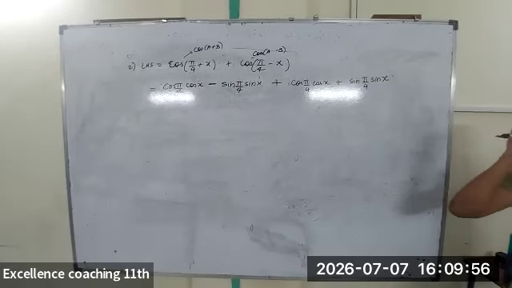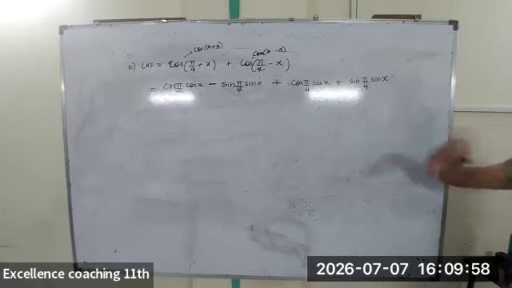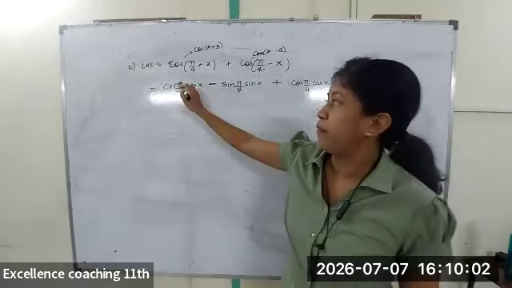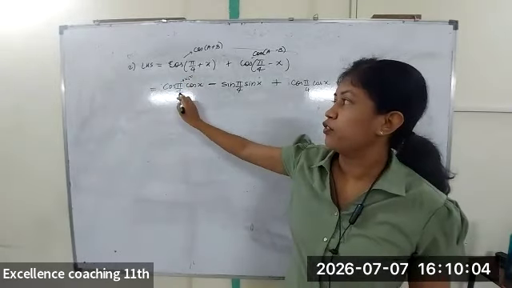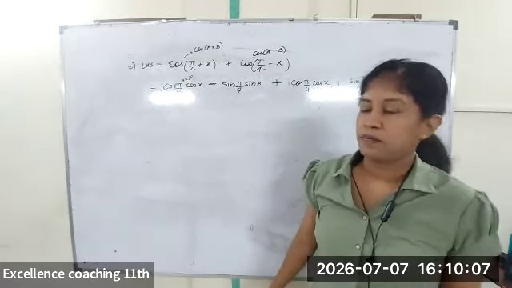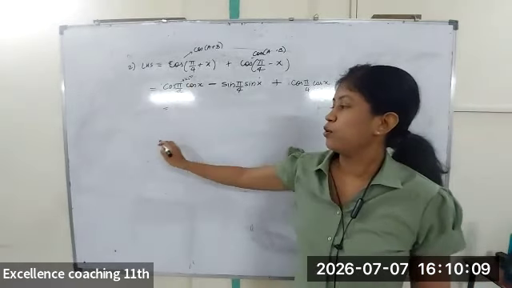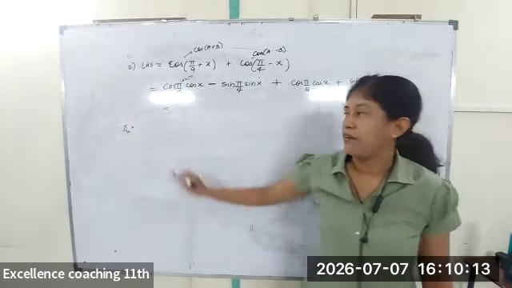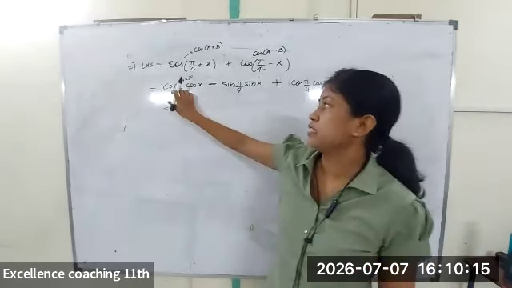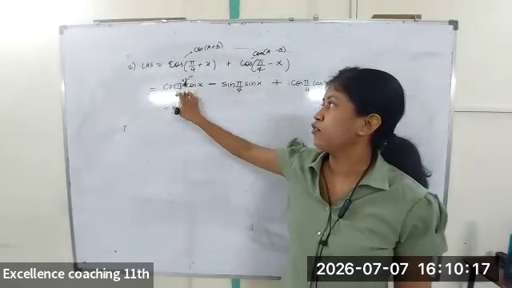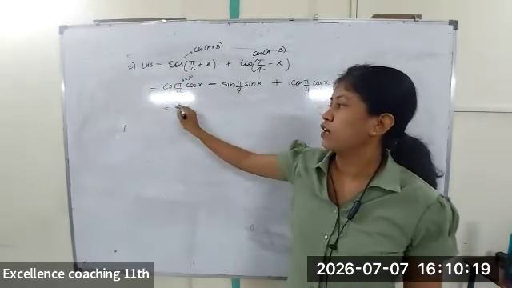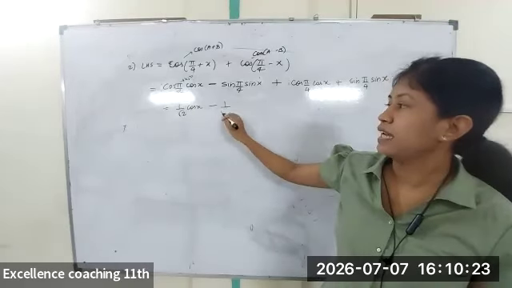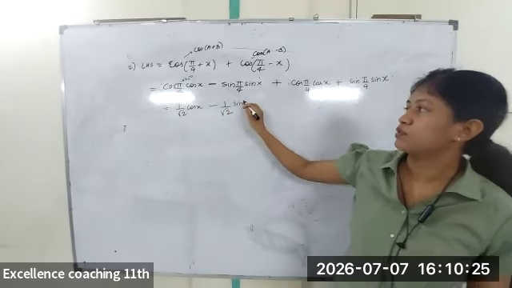Pi by 4 is for 45, I told you, remember. 1 by root 2. So pi by 4 means 45 degrees. If you want, you can convert and check, but there is no time every time to convert and see. So these are your standard angles which you have to know. Pi by 4 means 45 degrees. Cos 45 is 1 by root 2. Sin 45 is also 1 by root 2.